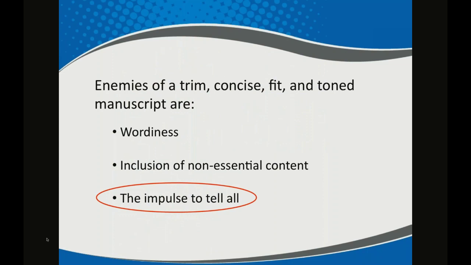But most of you are writing textbooks, and the projects that you are developing in this workshop are not the same as a formal presentation to your academic peers. Remember, when writing a textbook or even a journal article, you don't have to write down every single thing you know. The impulse to tell all generates a lot of non-essential content.